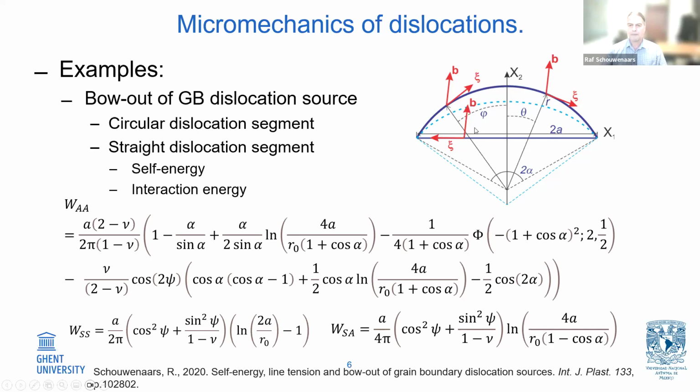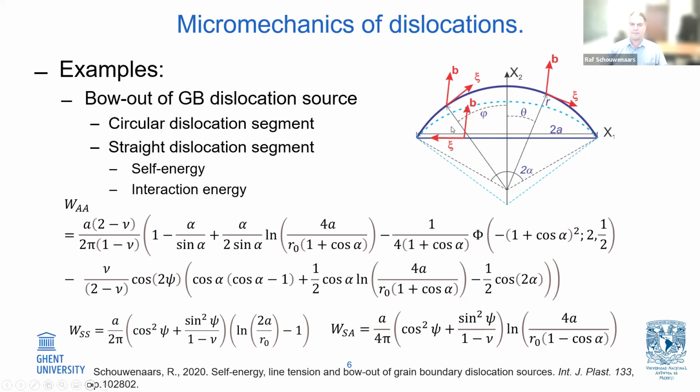So the coordinate system defined is polar. We've got 2 points, one defined by an angle phi, the other by an angle theta. The radius of the loop is r, the width is 2a, and we've got also a coordinate system for the remaining segment, which is along the x1 axis. Of course, the Burgers vector is constant along the entire loop.